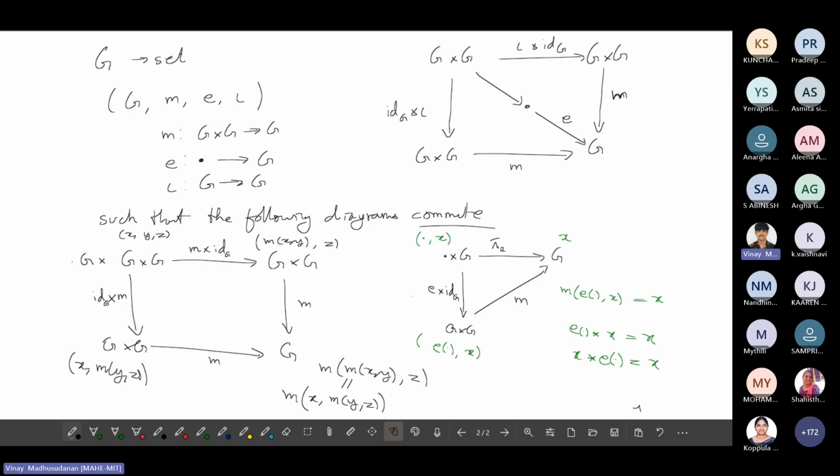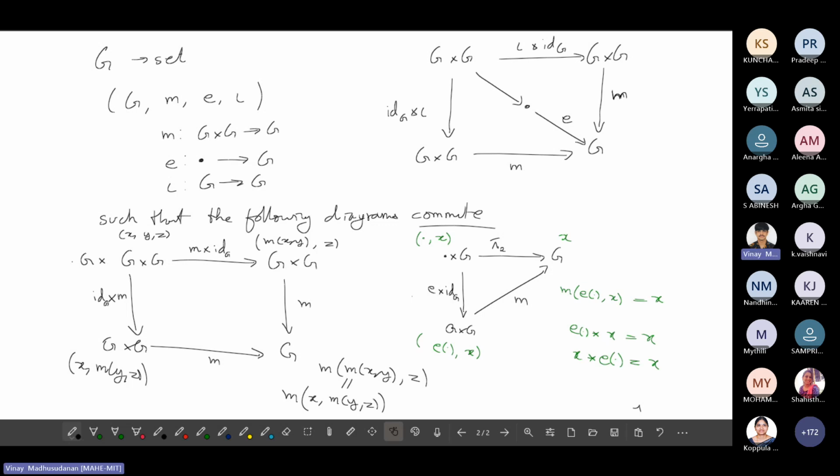But what is this function, first of all? G cross G to the singleton set. What can that function be? Do I need to define it? No, because there is only one, right?